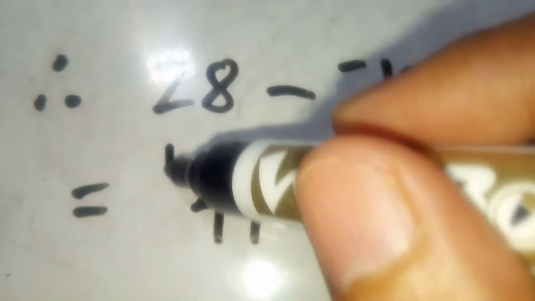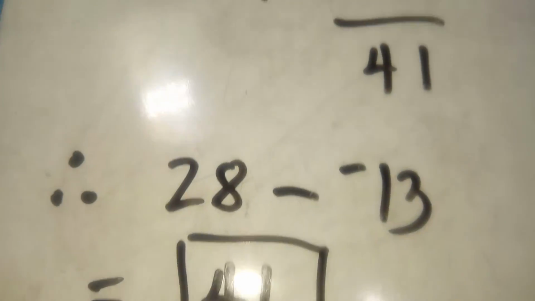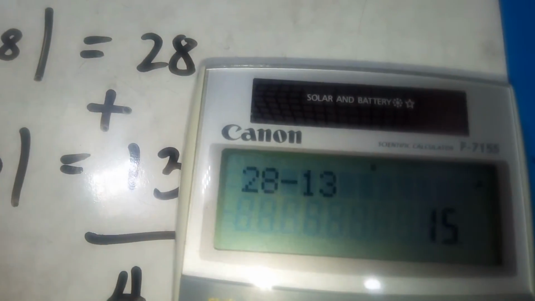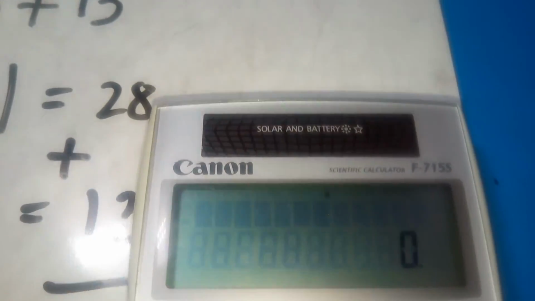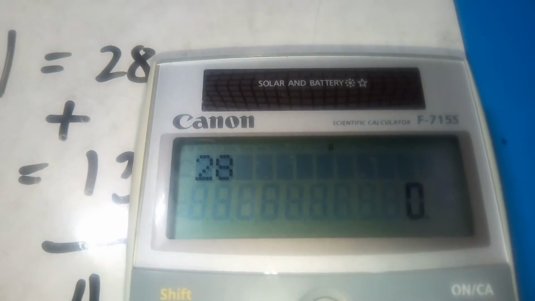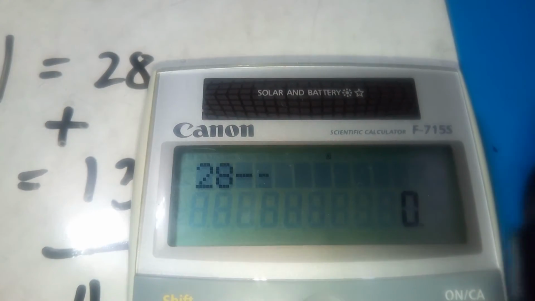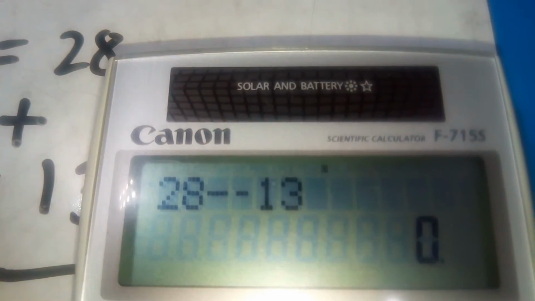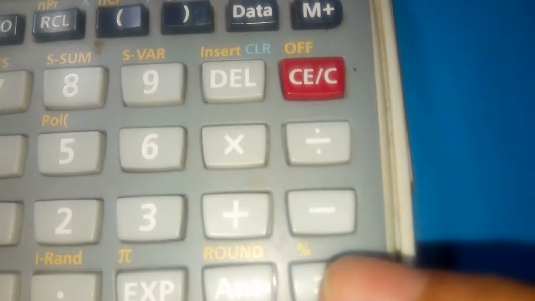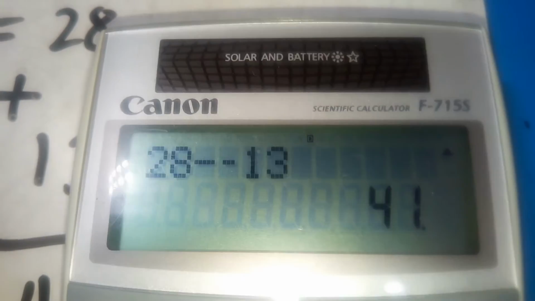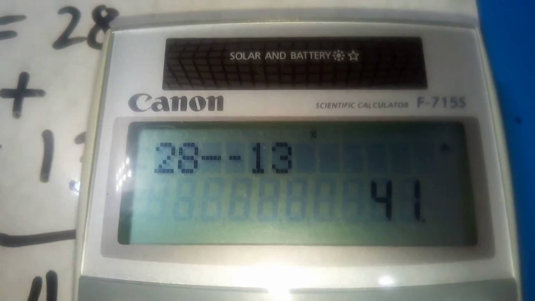So that's 41. Let's check again using my calculator. 28 minus negative 13 equals 41. The result is also 41.